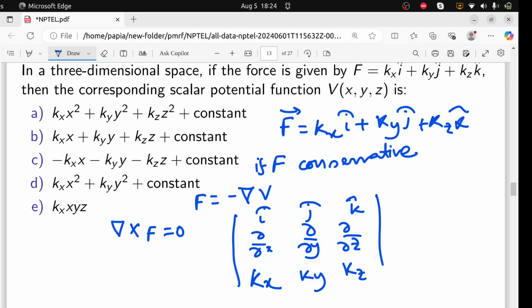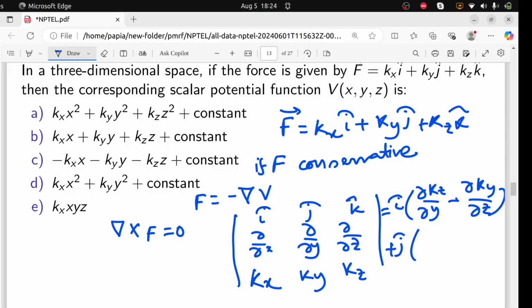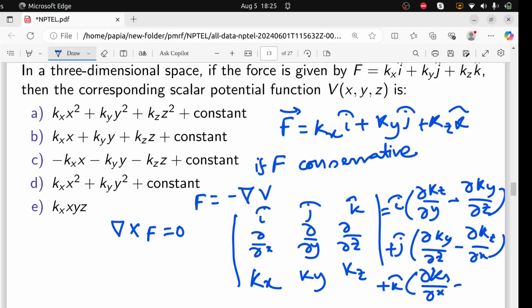For i cap, it will be del Kz by del y minus del Ky by del z, plus for j cap, del Kx by del z minus del Kz by del x, plus k cap, del Ky by del x minus del Kx by del y.